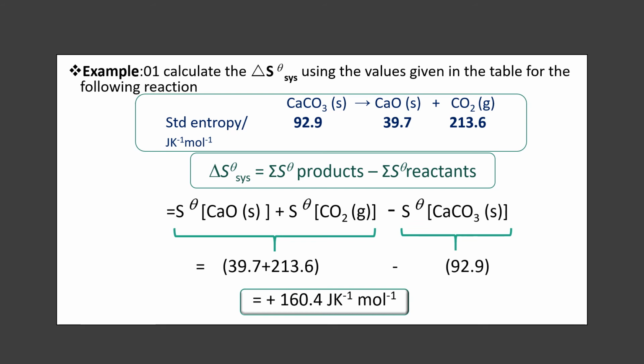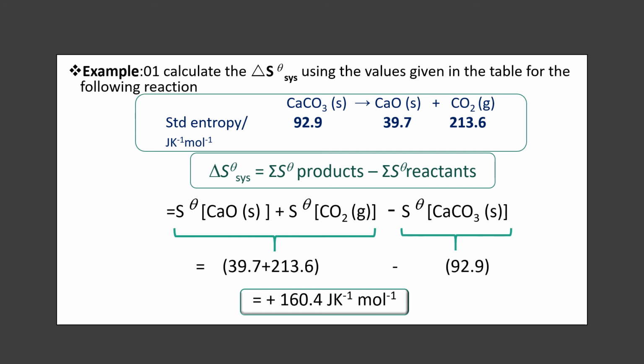But what's very important here is that you will also need to write that plus sign here, because the plus sign actually denotes something. It tells us that there was an increase in the entropy change of the system. Remember, we predicted that we would expect the entropy to increase. So that plus sign is important in telling us that it has increased.